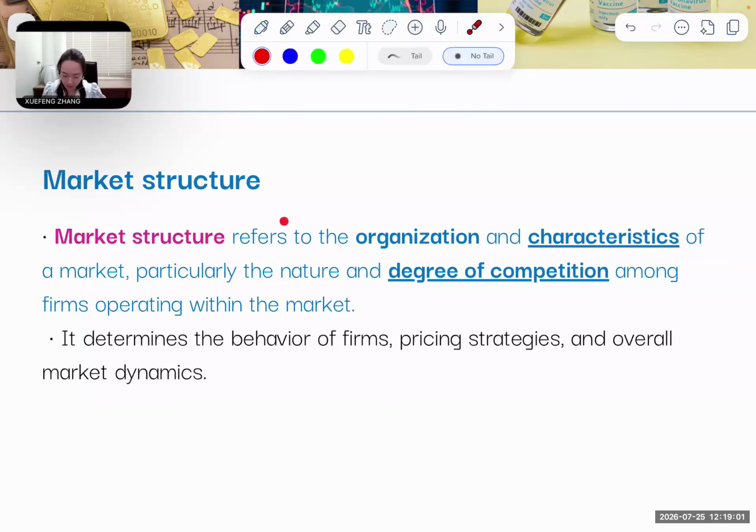Market structure refers to the organization and characteristics of a market, particularly the nature and degree of competition among firms. So it determines the behavior of firms, pricing strategies, and overall market dynamics.